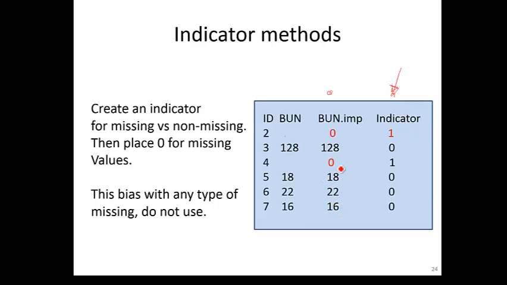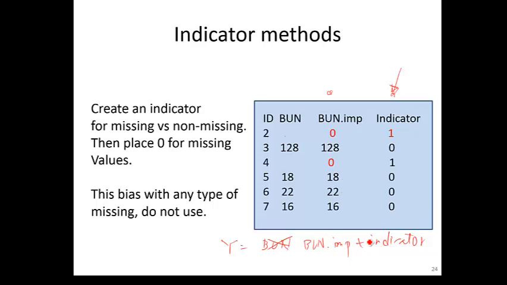In the regression analysis, instead of including BUN, you include BUN imp and the indicator. This way all values are not missing, so you can retain the entire observation.